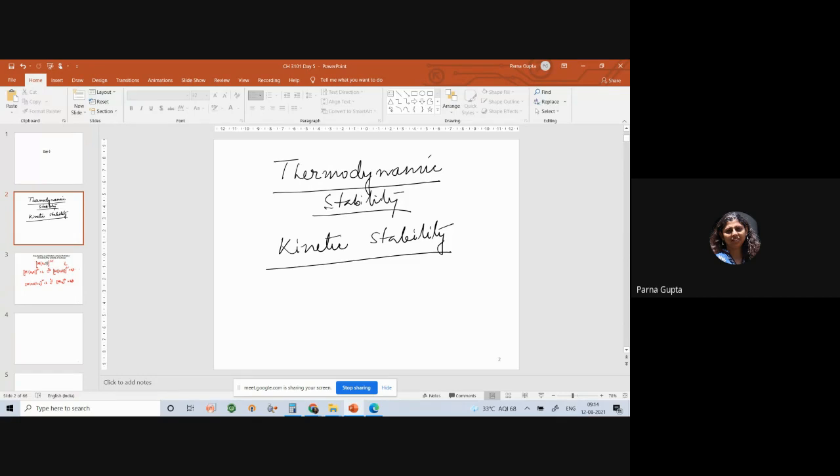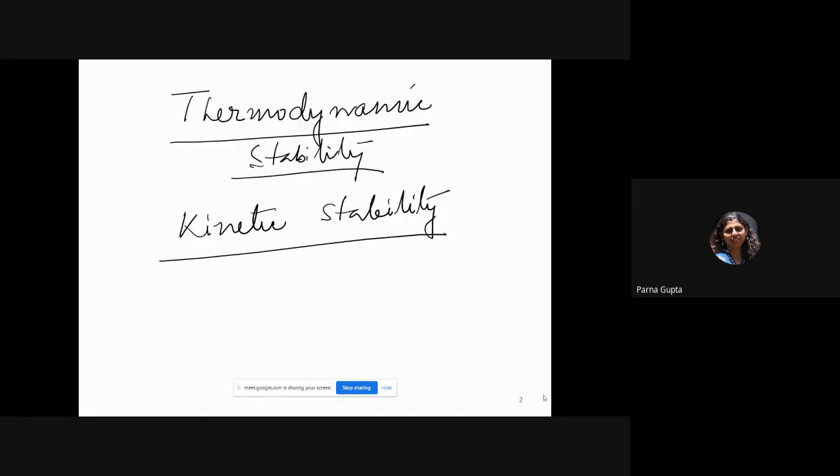So what is thermodynamic stability? You know that thermodynamic stability is whether the reaction will proceed to the formation of the complex or not, whether the complex will ultimately be stable or not, or the extent to which the complex will form.